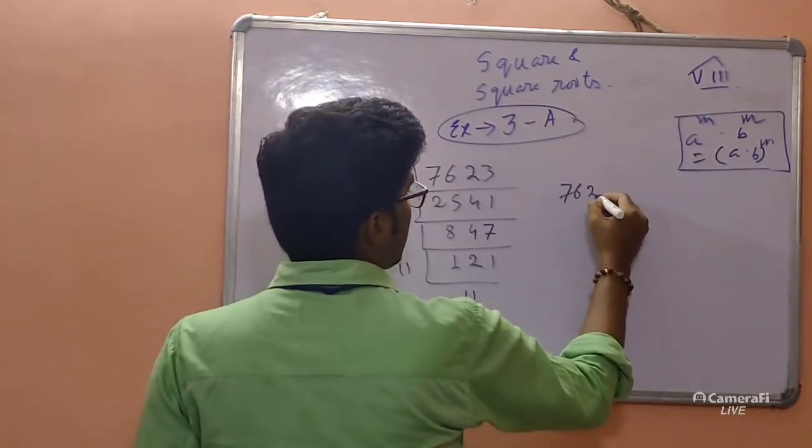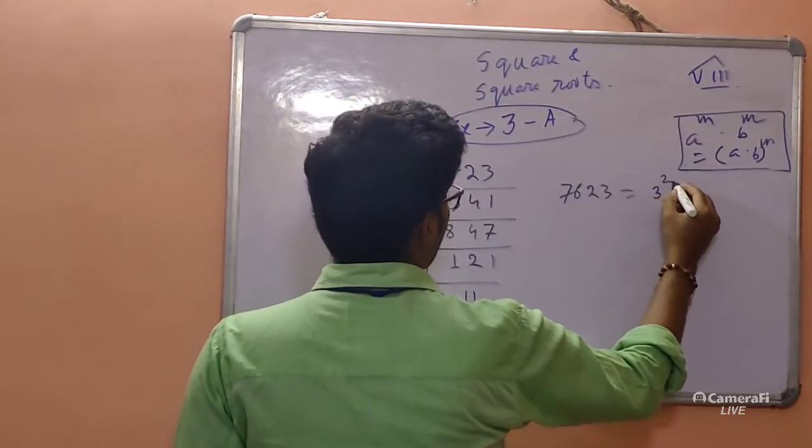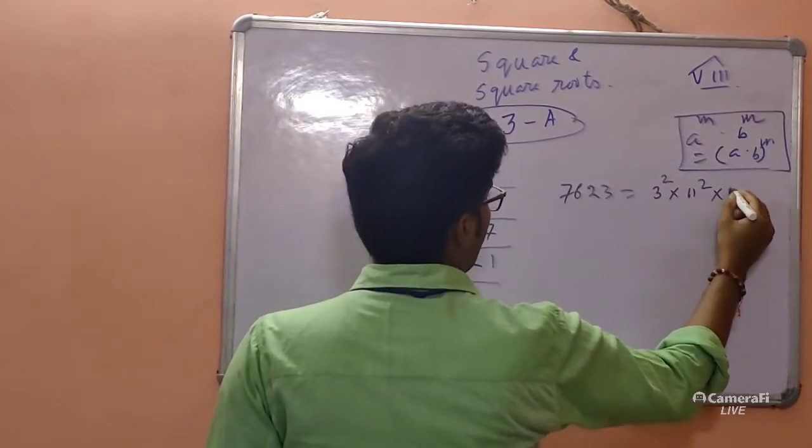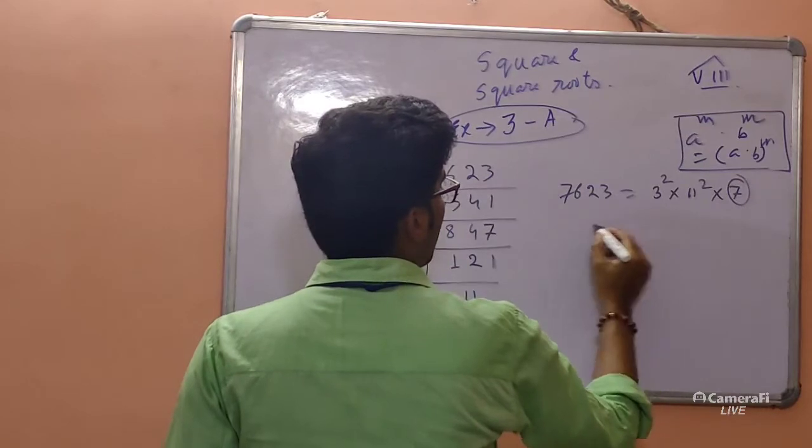Therefore again 7623 will be 3 square into 11 square into 7. So this is the new number.